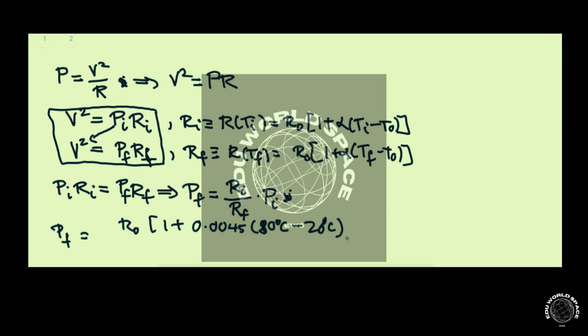That's the T0 that was given to us, divided by R0 times 1 plus 0.0045 times 150 degrees C minus, again, the reference temperature, times 480 watts.